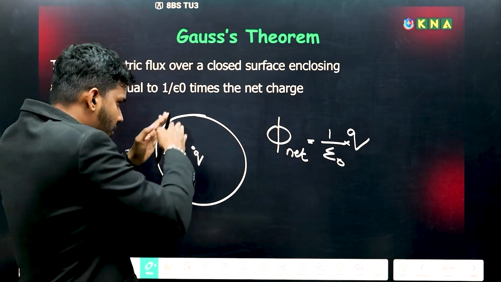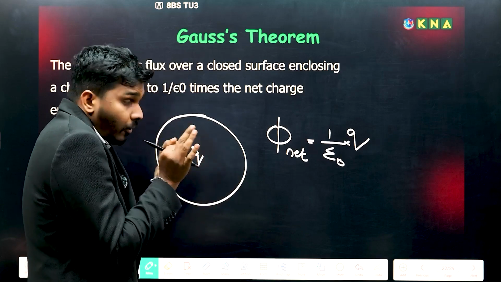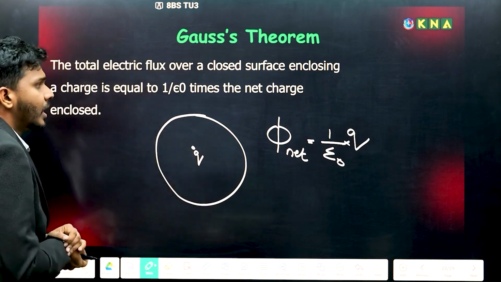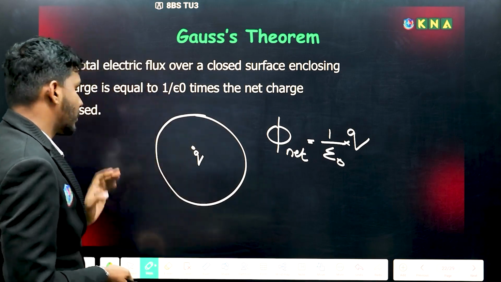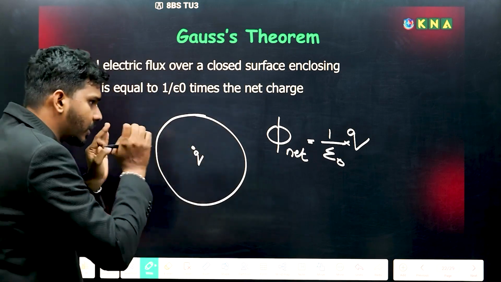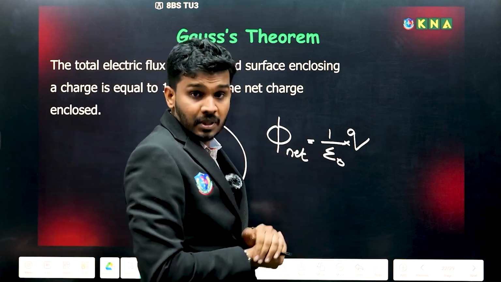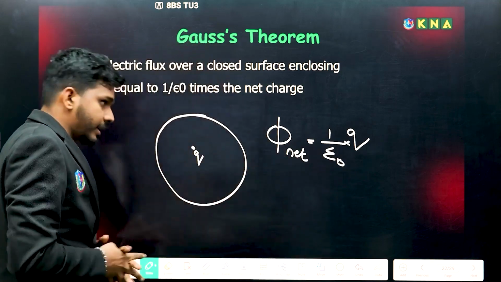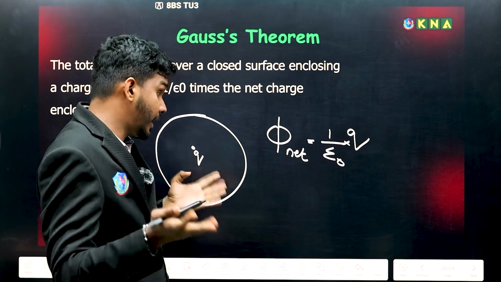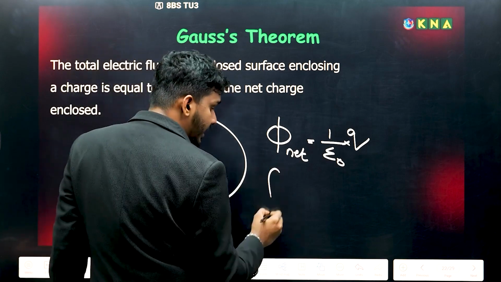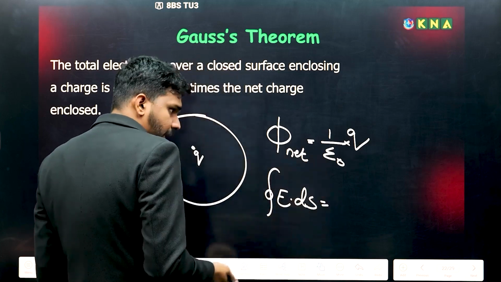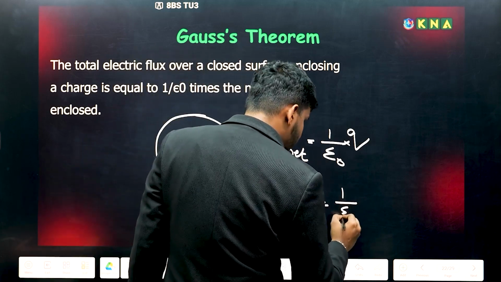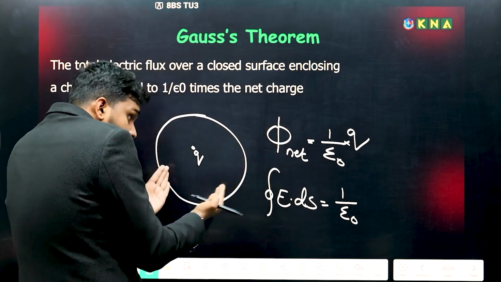The total electric flux over a closed surface enclosing a charge is equal to 1 by epsilon naught times the net charge enclosed. The electric flux equation is the integral of E dot ds. This integral of E dot ds is obtained from 1 by epsilon naught times how many charges are there.